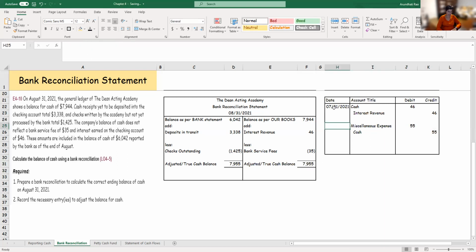And we need to have the date again over here. This is being done on August 31st, 2021. So let me change the date over here. This is August 31st, 2021 for both of these journal entries. You could combine the two journal entries, but it's always neater to keep them separately. If you combine the journal entries, you're just looking at a net cash debit or credit, but just keep those separate.